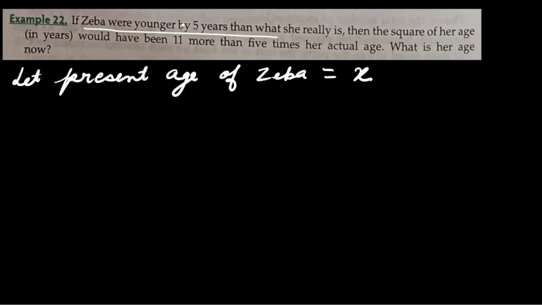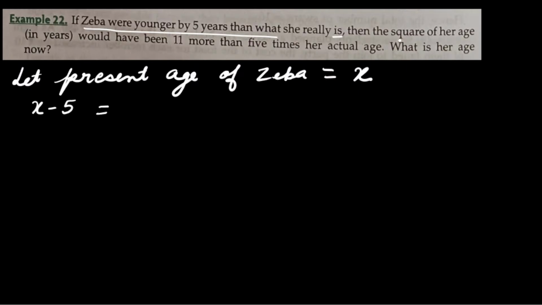If Ziba were younger by 5 years, that means they are talking about past age. So 5 years younger means that age is x minus 5. Then the square of her age would have been 11 more than 5 times her actual age.